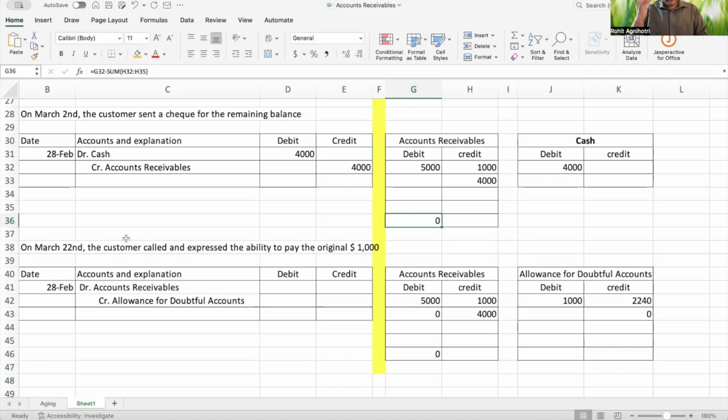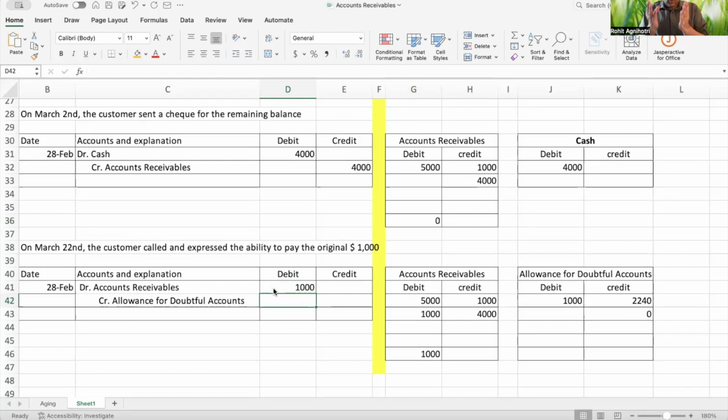So what do you do? The first thing you need to do is put this $1,000 back into the accounts receivable. So $1,000 debit.